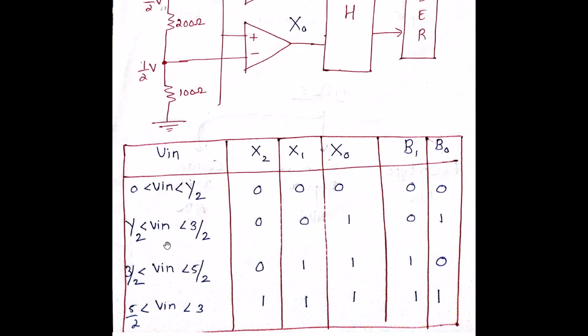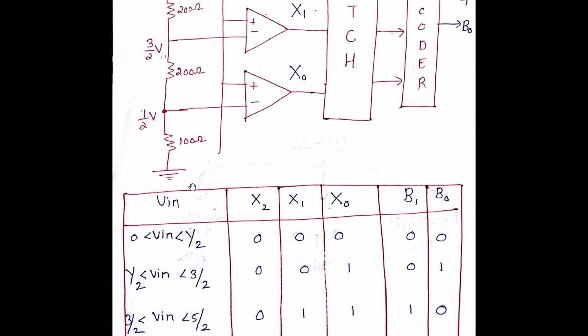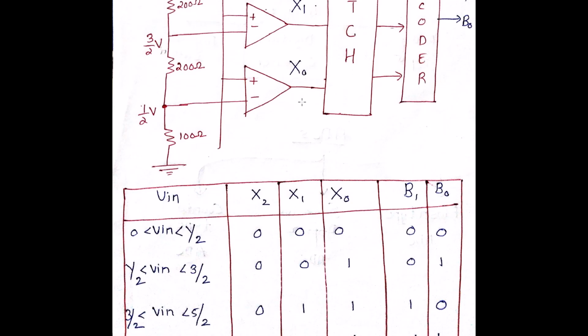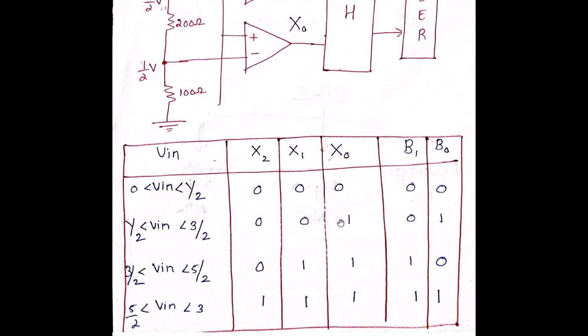Similarly, when my Vin is greater than half but smaller than 3 by 2, that is, it is greater than this particular node voltage but smaller than this particular node voltage, this output X0 goes high. However, my X1 and X2 remain low and I get the output as 0 and 1.